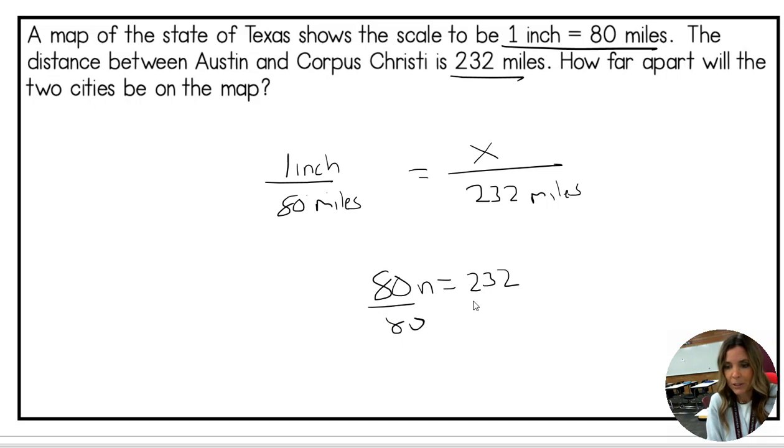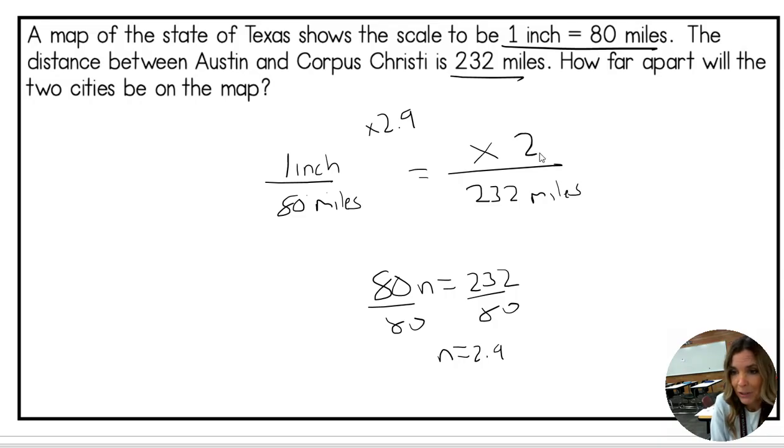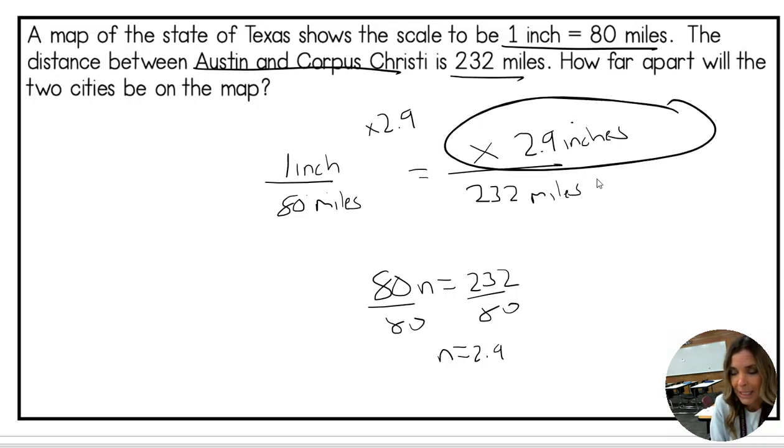So if we take the 232 and we divide by 80, we get 2.9. Okay, so that number is 2.9. That means our scale factor is 2.9. So if I take 1 inch and I multiply by 2.9, that gives me 2.9 inches. So if you were to measure the distance on the map, you would get 2.9 inches on your ruler.